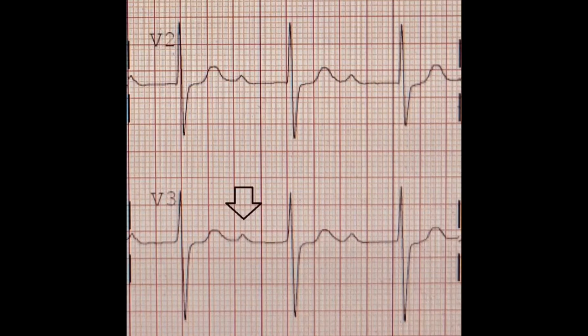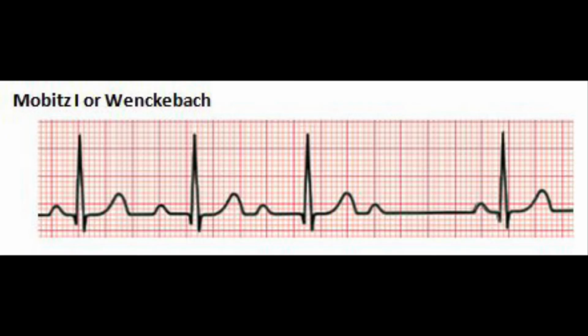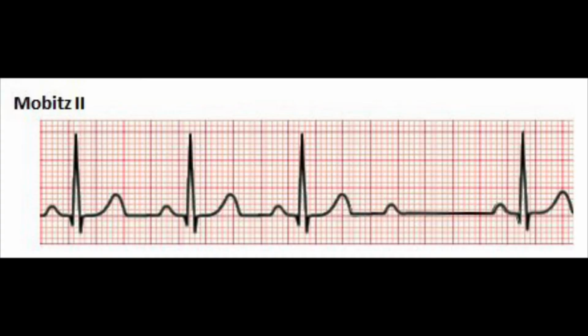If it's persistently longer, it is called first-degree heart block. If it is gradually prolonged until a beat or QRS complex drops, that's a second-degree block type 1. Type 2 second-degree block is where the PR intervals are not gradually prolonged. Instead, they randomly fail to produce a heartbeat or QRS complex.